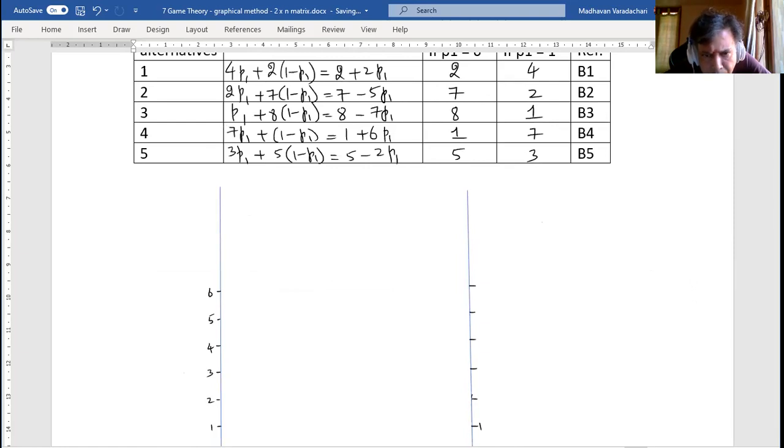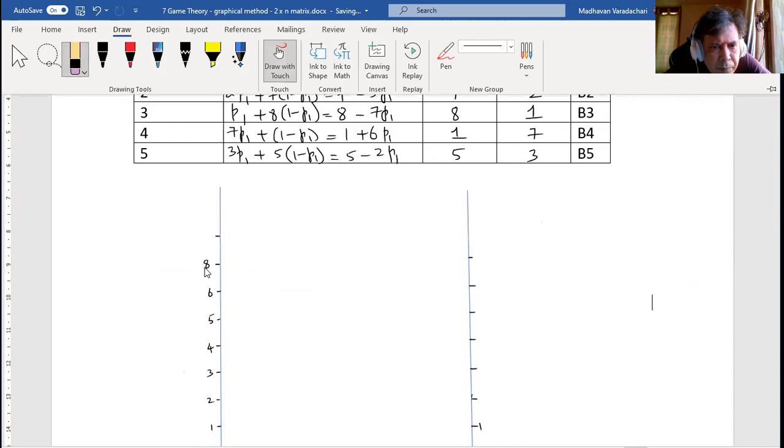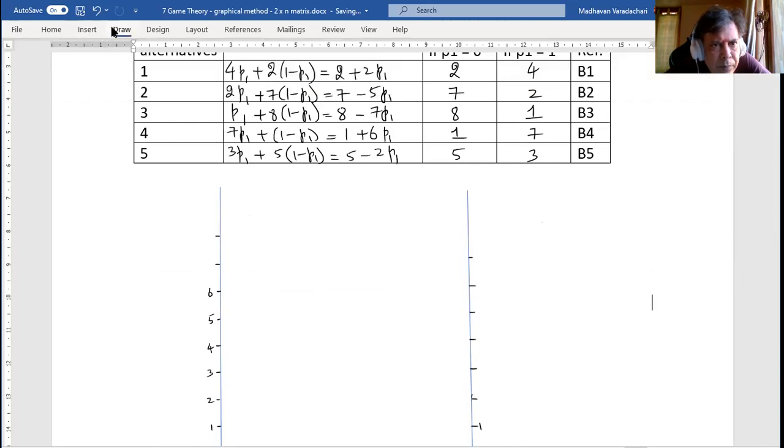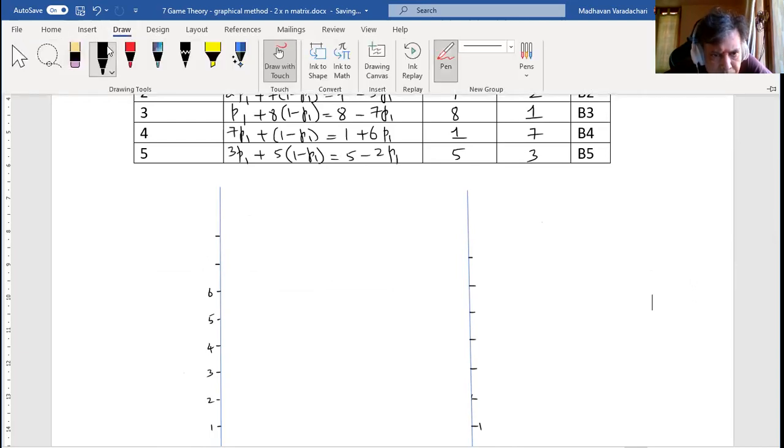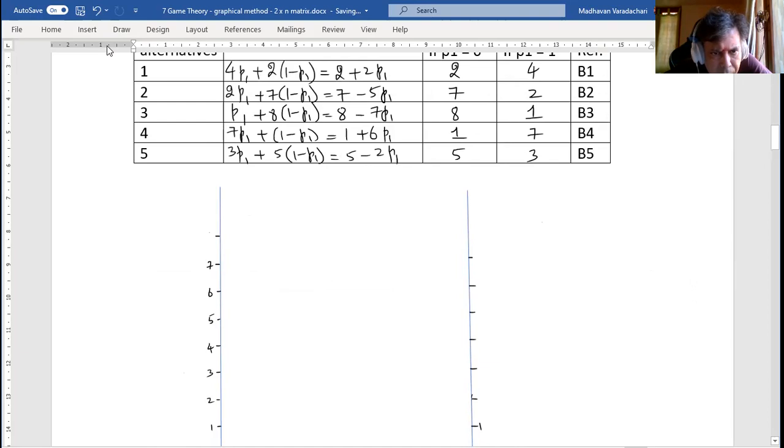Here we have to do 2 more. This is 7, this is 8.